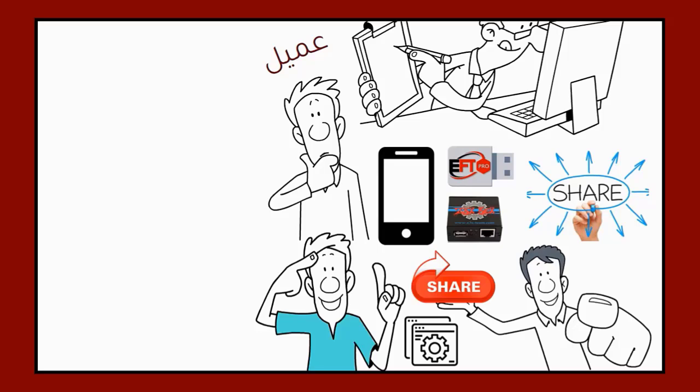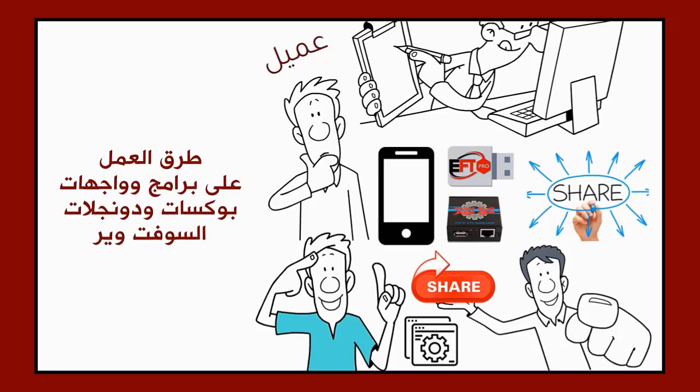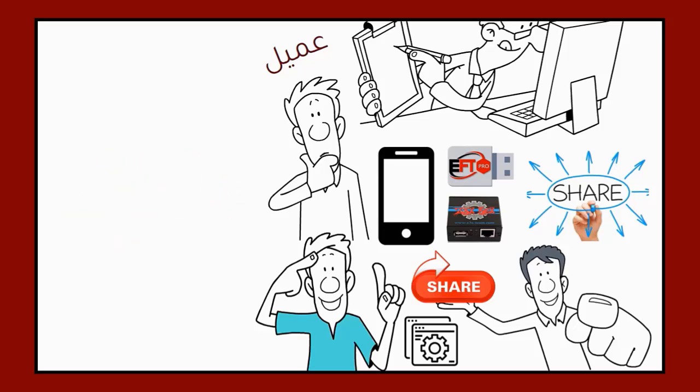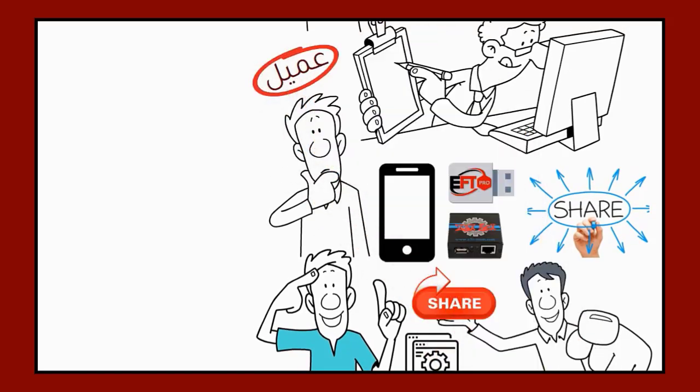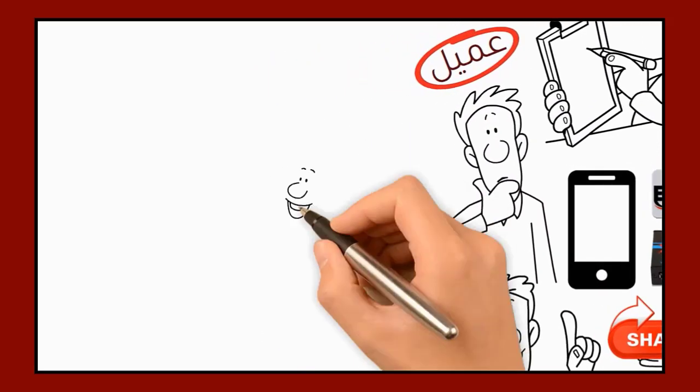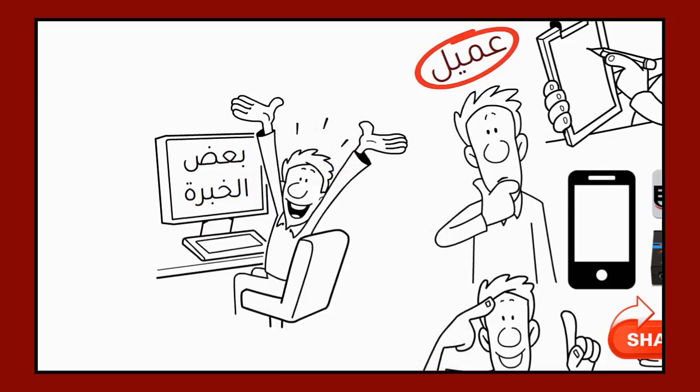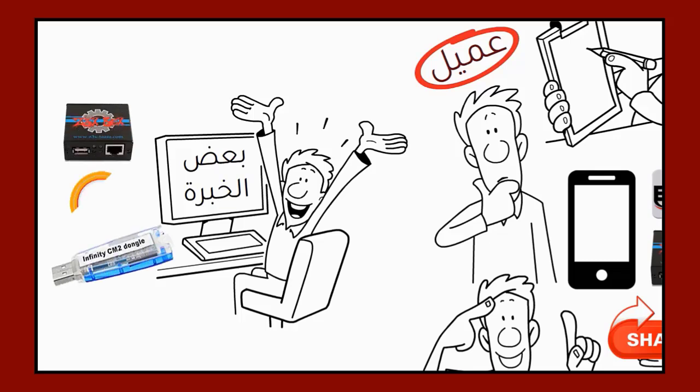Of course, we are making a lot of videos inside the channel here explaining the ways to work on different products, whether they are boxes or dongles. This is if you want to be a customer or technician, but you can be a source if you have some experience in the field of software and mobile, or you learned through a course, and you have different products, whether boxes, dongles, or paid programs.